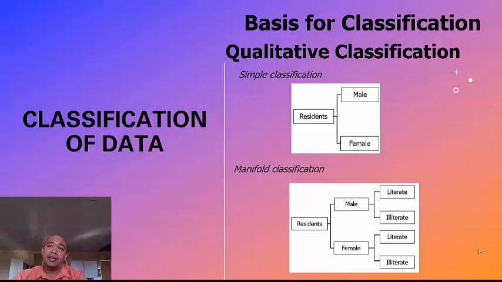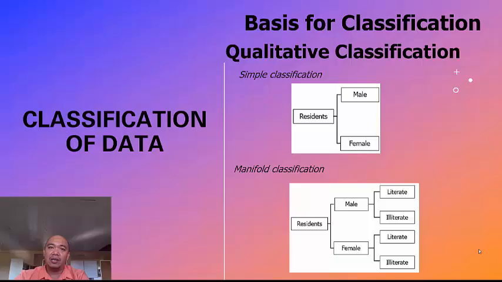In qualitative classification of data, we can classify them according to simple classification, in which we are only classifying our respondents or people under consideration at once. For example, if we have residents, we are only classifying them according to their sex as male or female.